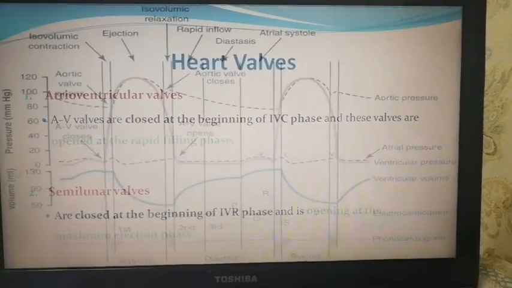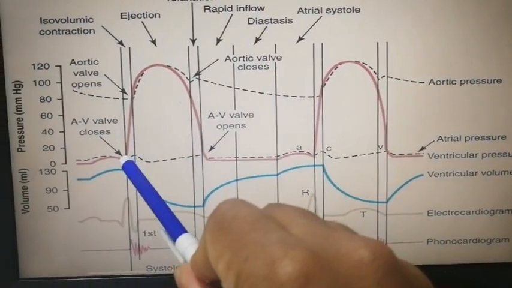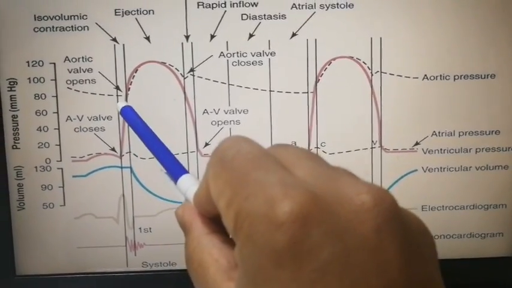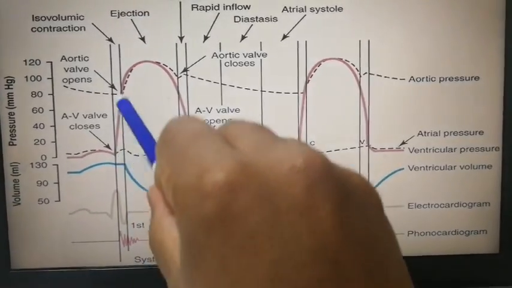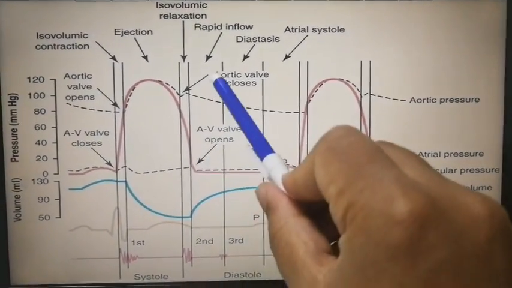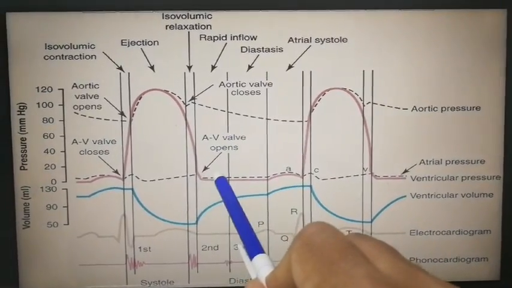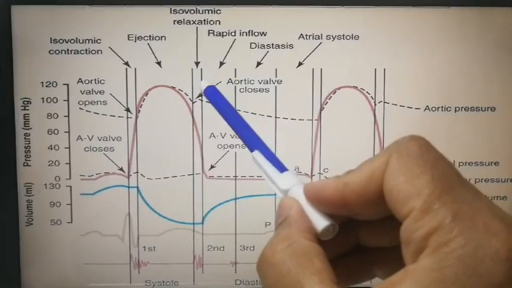You can see AV valves are closed at isovolumetric contraction, and AV valves are open at the start of rapid inflow. And aortic valves are closed.